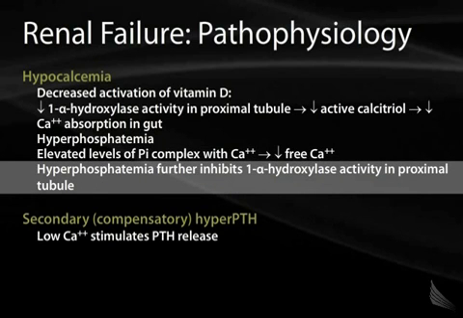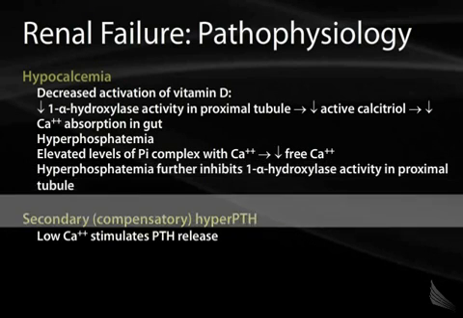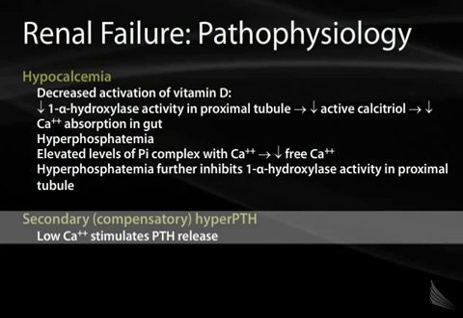Also, hyperphosphatemia inhibits the 1-alpha hydroxylase activity in the proximal tubule, thus inactivating a potential means of increasing calcium absorption. The hypocalcemia that occurs then leads to a compensatory parathyroid hormone release. This is known as secondary hyperparathyroidism.